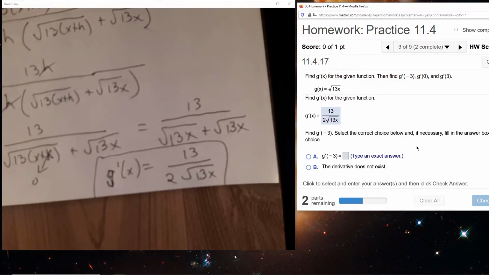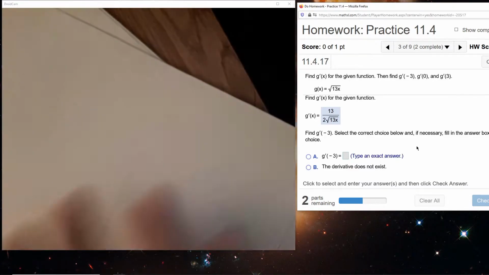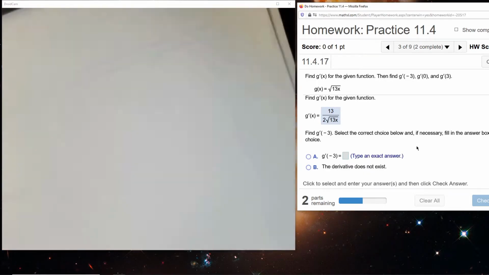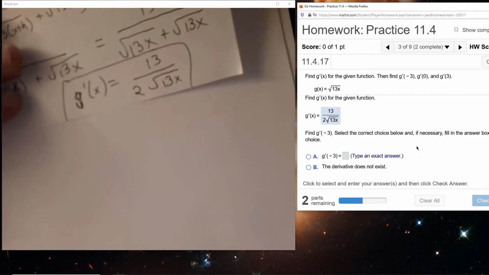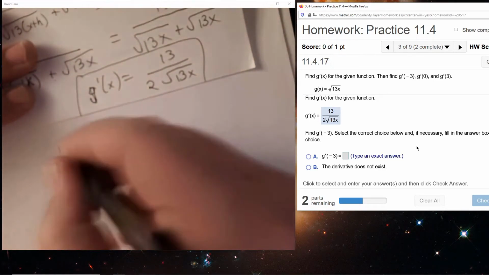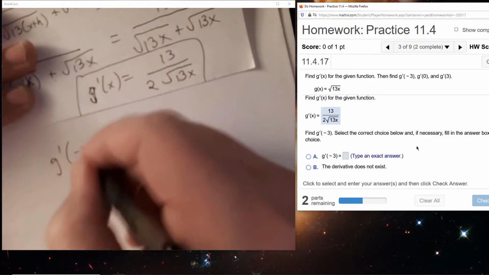And then it's going to want us to plug in some function values here. I've completely run out of room on that piece of paper. Try another one here. So let me try to keep this function in. So here's our derivative. And now they want to know, what is g prime of minus 3?